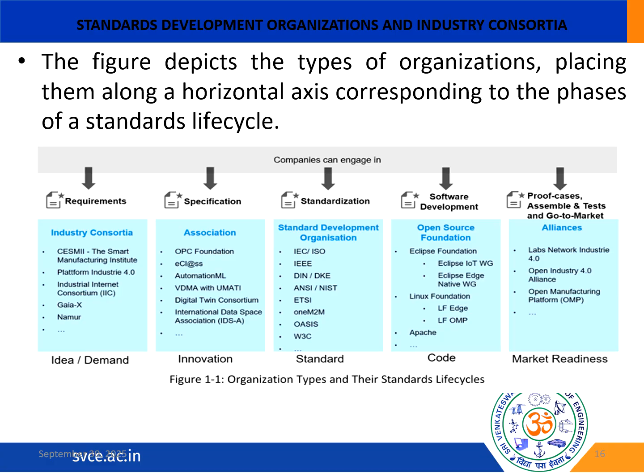So moving on to the next part, standards development organizations and industrial consortia. This figure depicts the types of organizations, placing them on the horizontal axis, which corresponds to the phases of the standards life cycle.